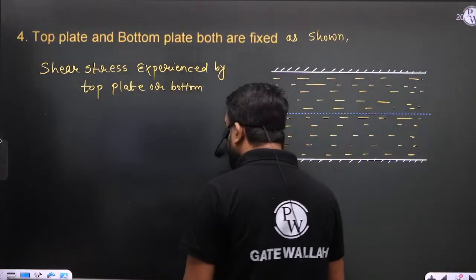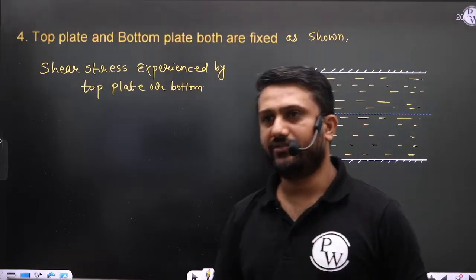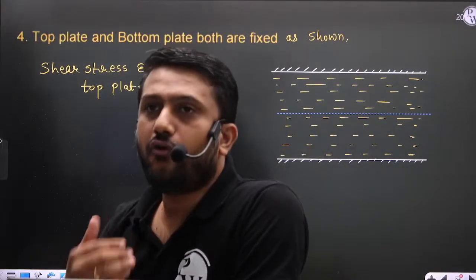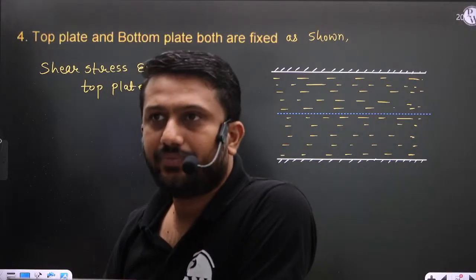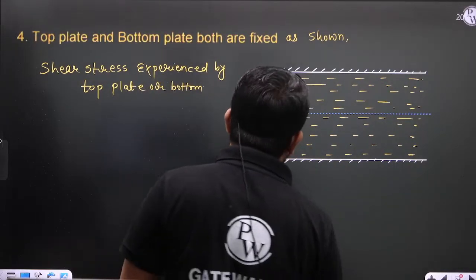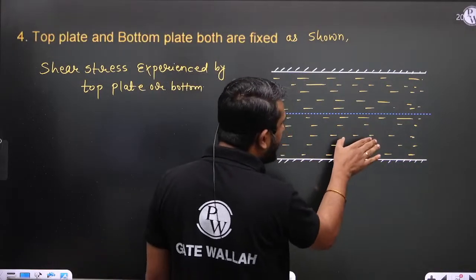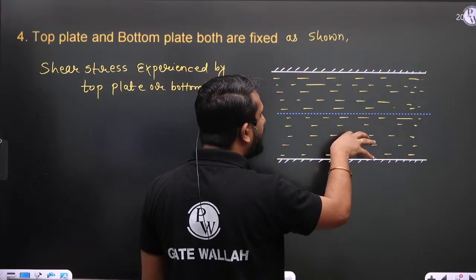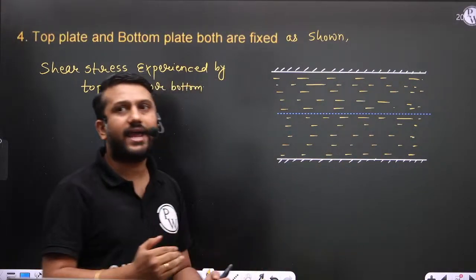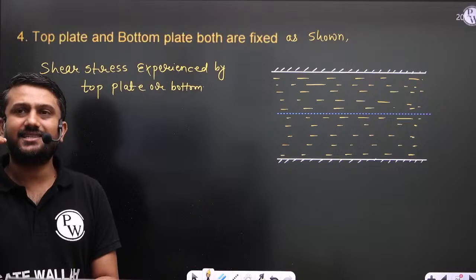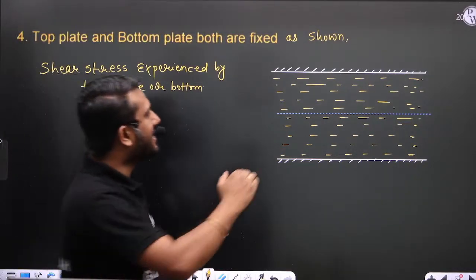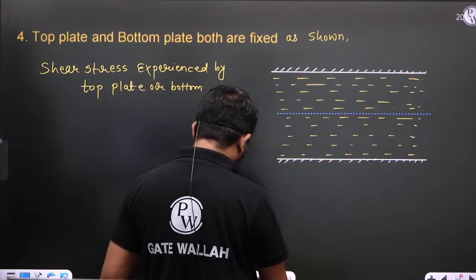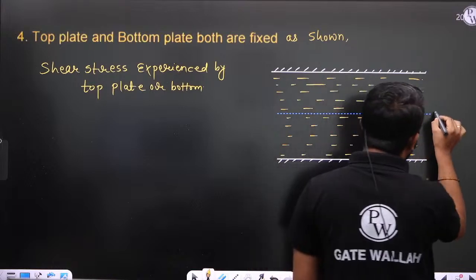Right, and I want to use that symmetry. That's why for this problem the distance is taken from the center line. Why am I taking it? This is my reference axis, beta.